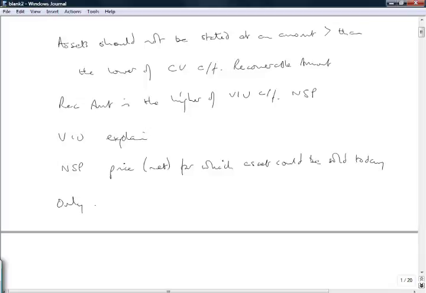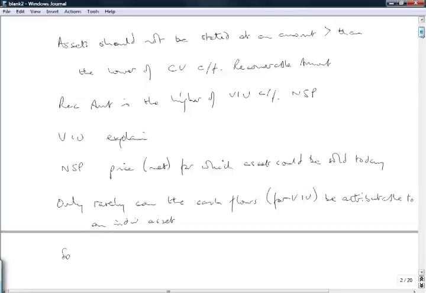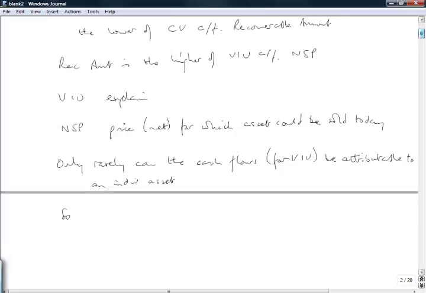Only rarely can the cash flows that we need to calculate value in use be attributable to an individual asset. I'm going to give an example there; the question doesn't prevent me.